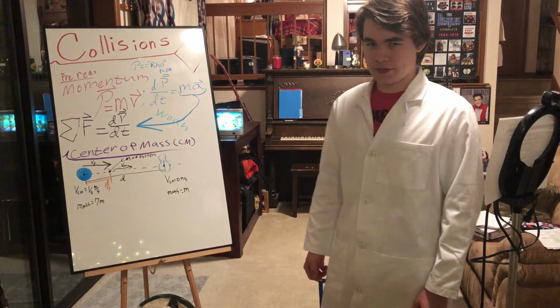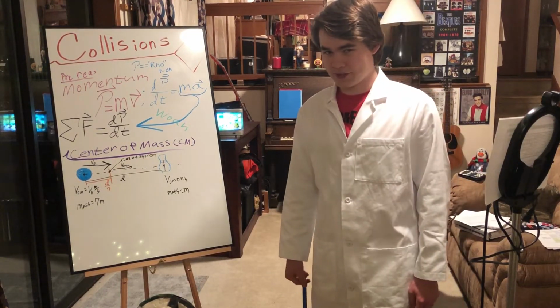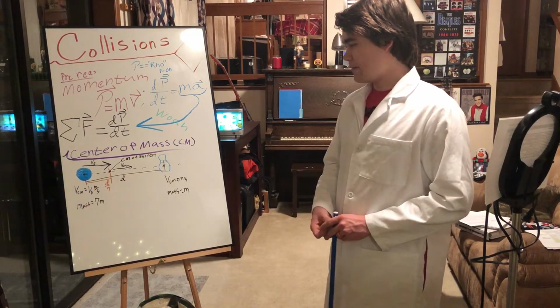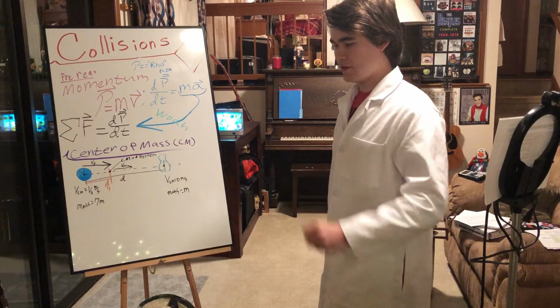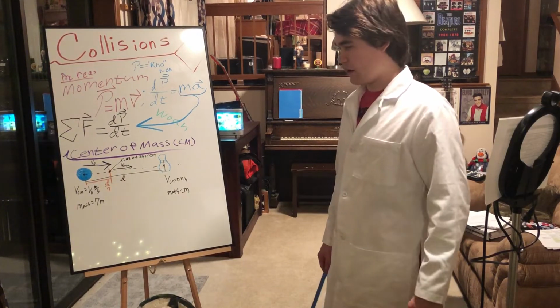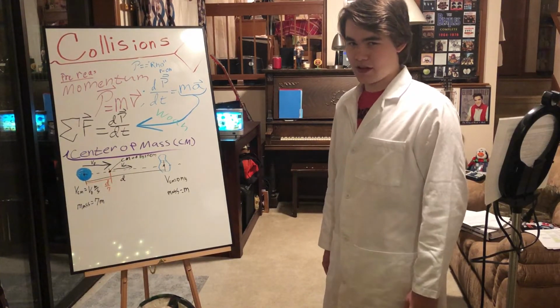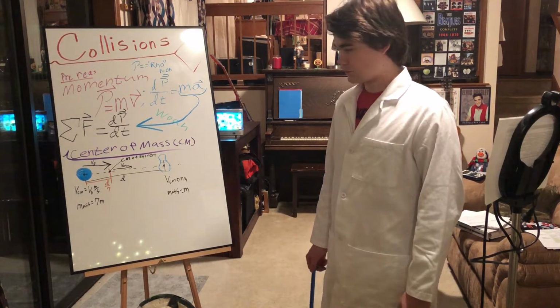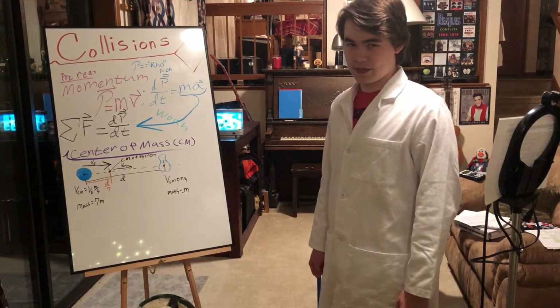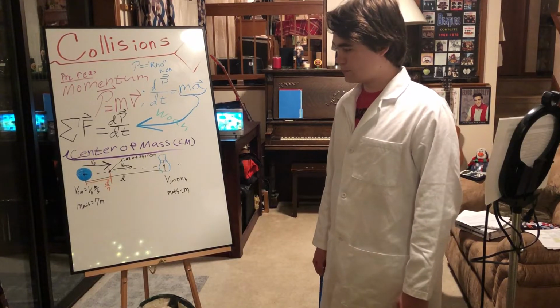That's what's helpful about a special thing called the center of mass reference frame. That's when your frame of reference, rather than observing something happening from afar, and say with that video you just saw, you observed the ball coming in and hitting the pin, seeing the pin was stationary and the ball was moving toward it.